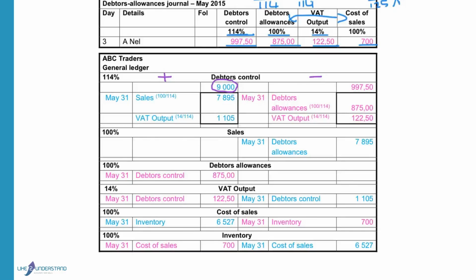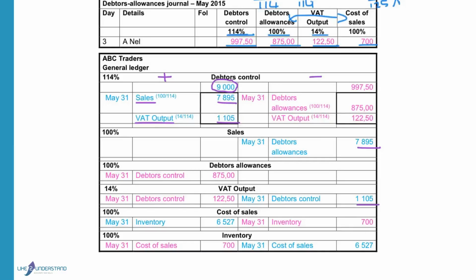That amount is made up of sales, that's 100 over 114, and VAT output. And we will transfer these entries to the credit side of sales, 7895, and the VAT will go to VAT output on the credit side to indicate the amount that must be paid to SARS as VAT.